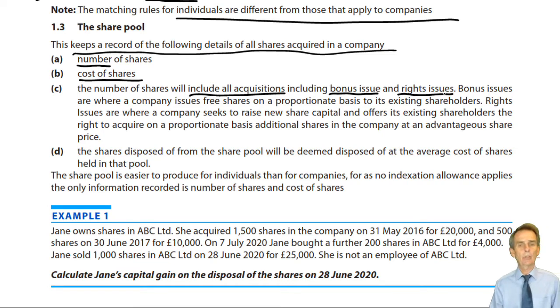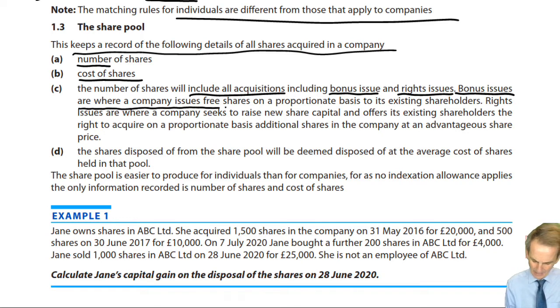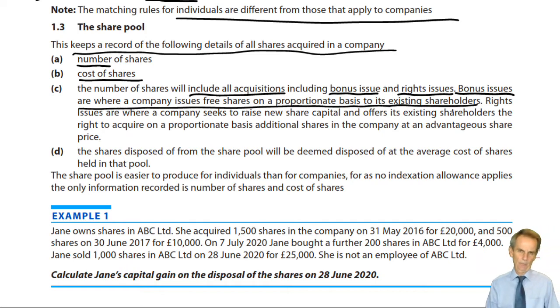Now then, these are terms that you should be familiar with, no doubt, from your financial accounting studies. What are they? Well, bonus issues are simply where a company issues free shares on a proportionate basis to its existing shareholders. Now, you're thinking, why would we just issue more shares?